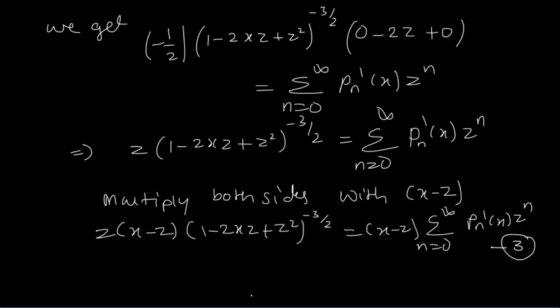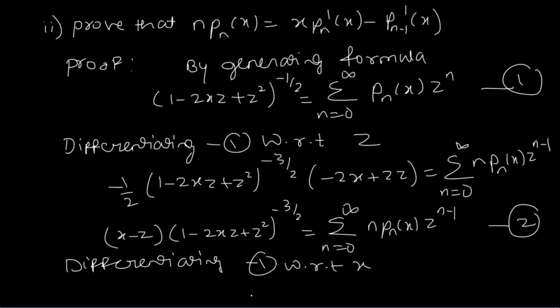Now from 2 and 3. This is equation 2. Here, what is (x minus z) into (1 minus 2xz plus z square) raised to minus 3 by 2 is equal to this much.